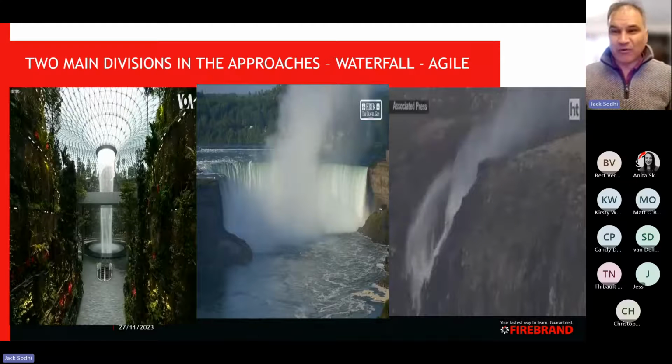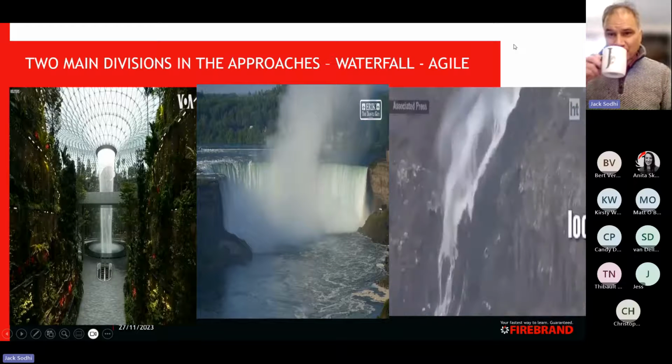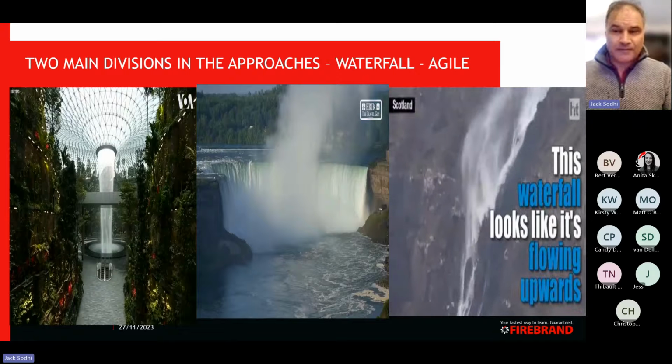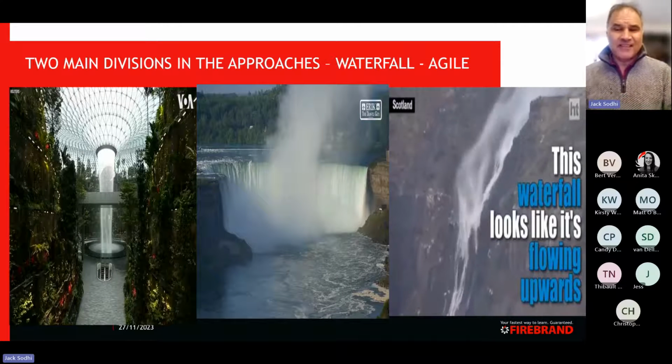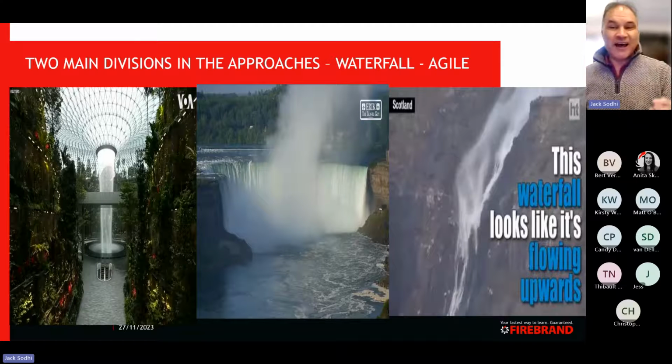Whereas if you look at this last waterfall, you can see the requirements may not be as clear and they may be changing. The customers always change their mind about something because they don't really know exactly what they want. And that's where the IT industry was really good for, because not everybody knew what IT could do.